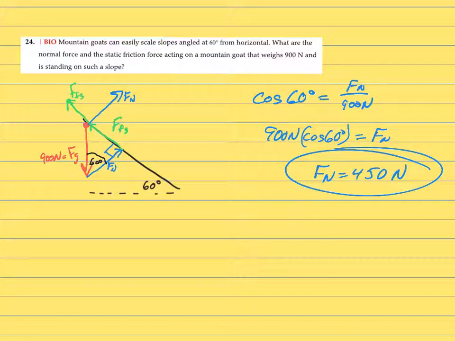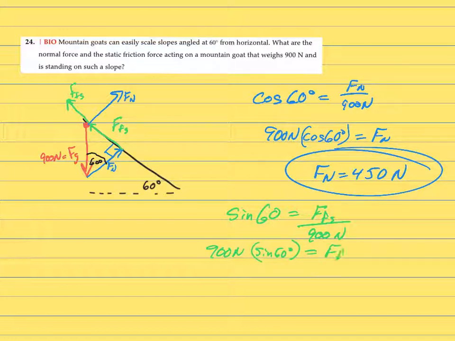All right, now let's find the force friction static, which is opposite. So the sine of 60 equals opposite, which is force friction static, divided by hypotenuse, which is still 900. To get the force friction static all by itself, you have to multiply both sides, not cosine, sine of 60.